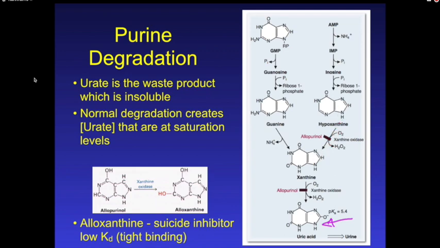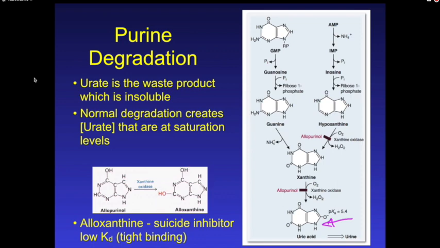And so what we're going to do is we're going to use the drug allopurinol as the inhibitor. Now, this actually has a very high binding constant, but when the enzyme actually converts this base pair into this form, this becomes a suicide inhibitor.